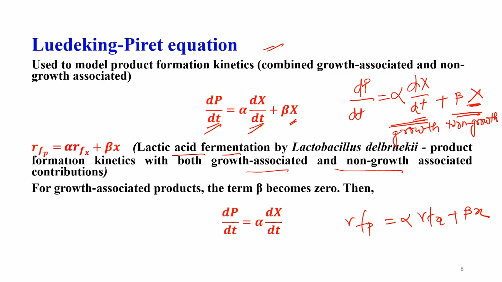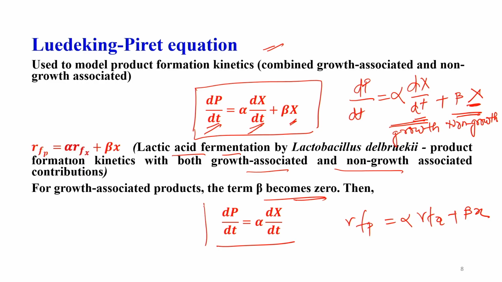Typically, one can use this model and get the values of alpha and beta. For example, if it is growth associated, then beta turns out to be 0, and this equation automatically reduces to the growth associated equation.